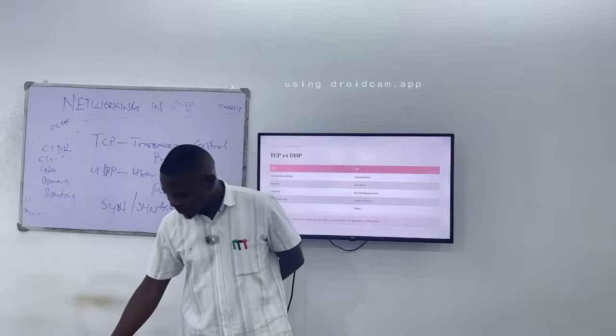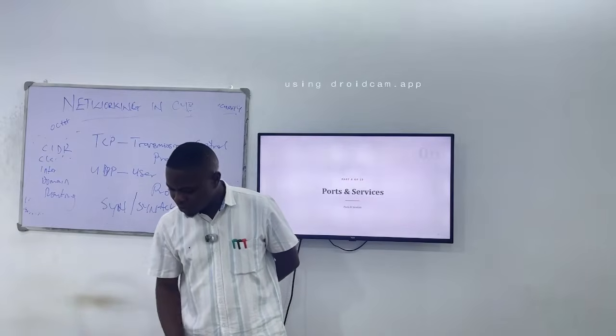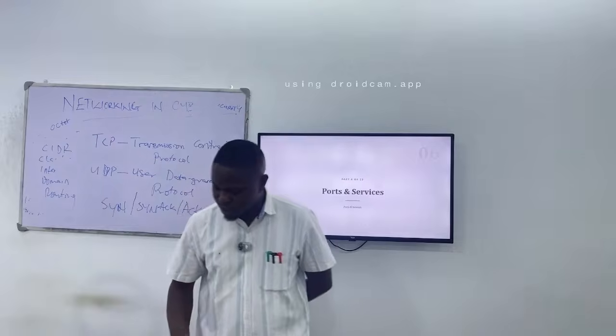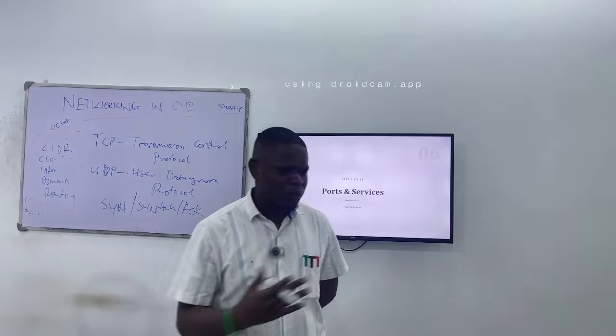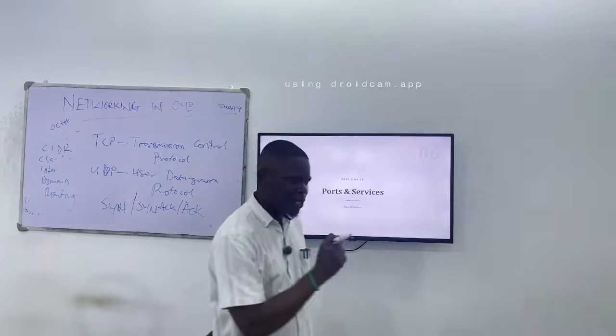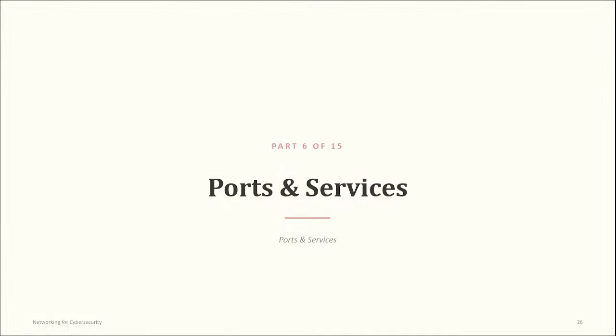All right, moving on. Next we'll talk about ports and services. I think I talked about ports already. A port is like a door; it gives you access to communication within systems. If I want to visit a platform, I need to pass through a door to get access to it. I want to access the web, so I use 80 or 443.